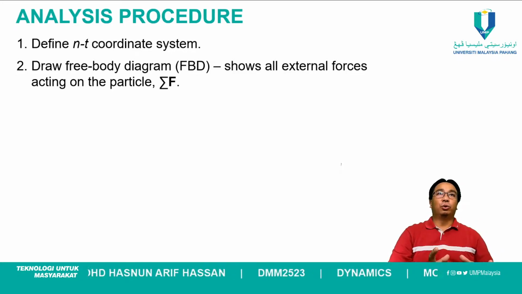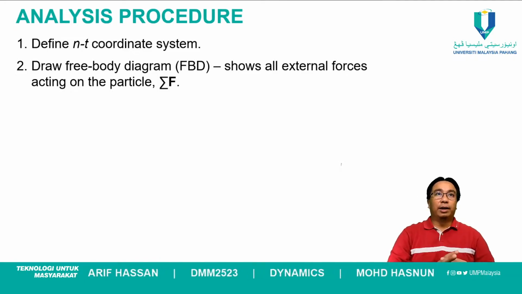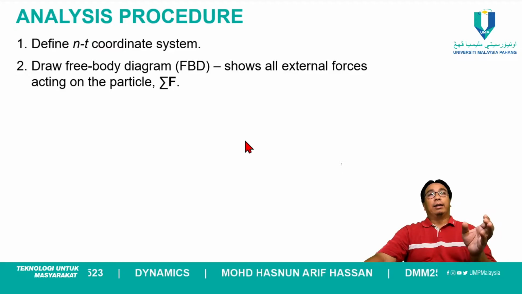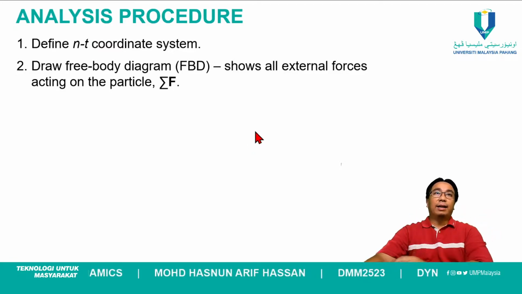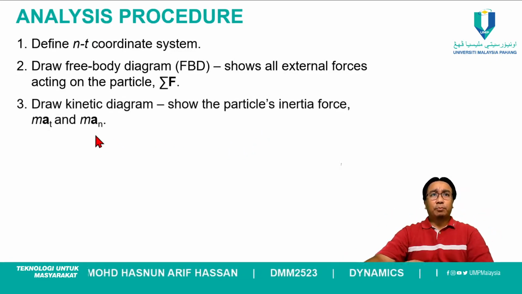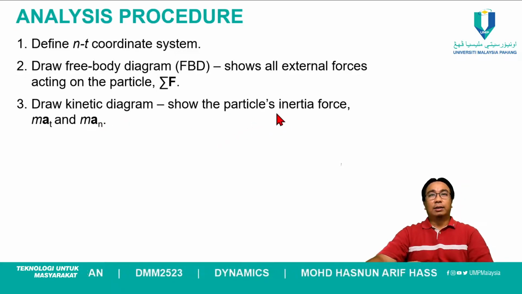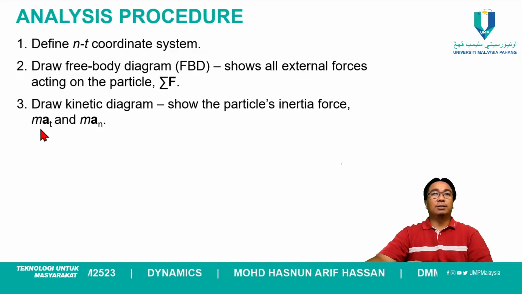That is why the free body diagram is very important. And to represent the right hand side of the equation, you draw the kinetic diagram, which shows the particle's inertia forces, now m a_t and m a_n.